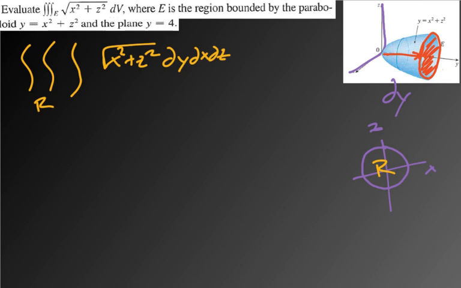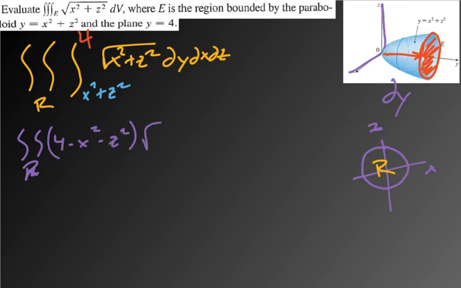So 4 is actually an upper bound, and the lower bound is the blue paraboloid, x squared plus z squared. So the first integral is nice. You're just going to tack on a y, and then you're going to do 4 minus x squared minus z squared times this thing, and then dA.